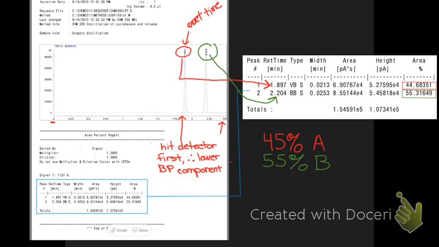The other thing that I do want to do really quickly is just give you a really quick verbal introduction to thin layer chromatography. So just like we said, gas chromatography has to have a mobile phase and a stationary phase. Thin layer chromatography also has both.